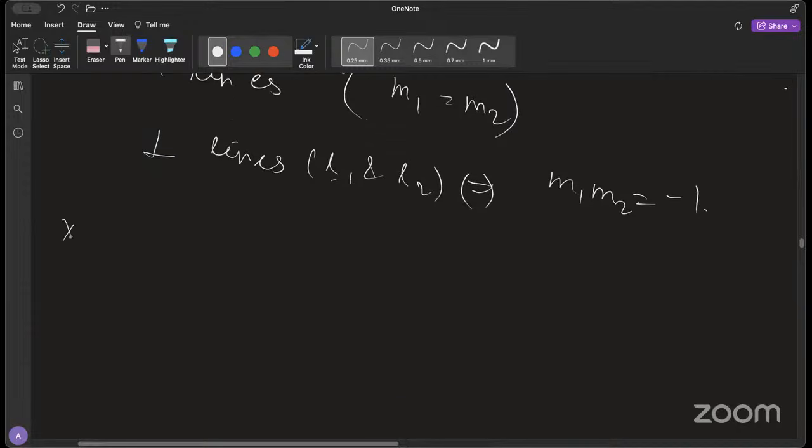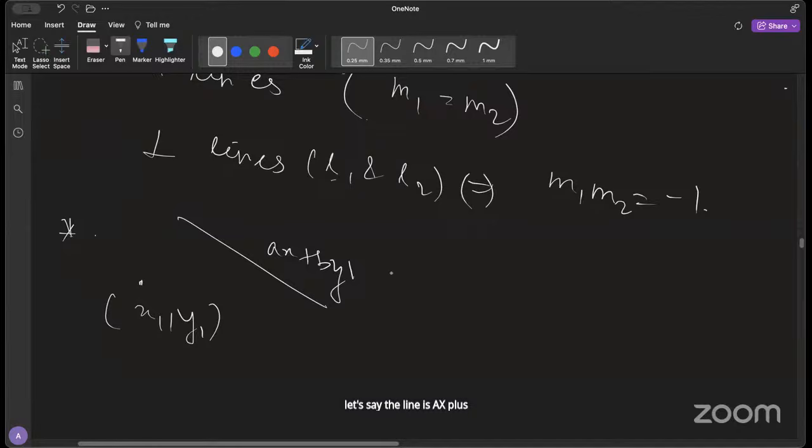And then we have the distance formula between a point, let's call the point x1, y1, and a line, let's say ax plus by plus c. For you to use the distance formula, it's important for you to have the equation of the line in general form.